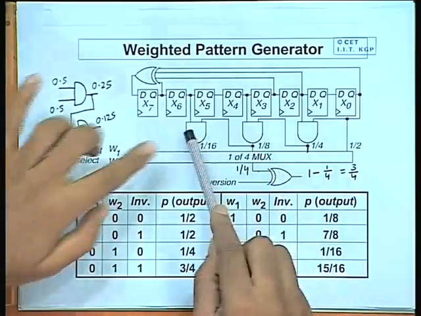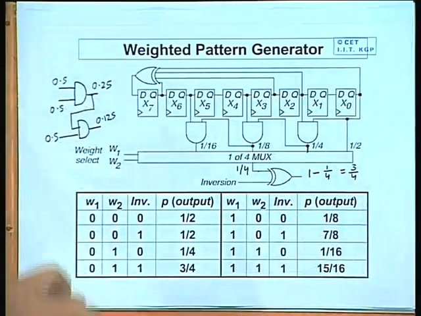Well, I have taken a very simple example with 3 AND gates and 1 XOR gate. You can increase the number of gates, you can use other kinds of gates. So, you can generate a circuit which can give you a number of different values of signal probabilities or weights. Now, using that you can compose a pseudo random pattern generator where the signal probabilities can be any arbitrary value, well, up to certain resolution.